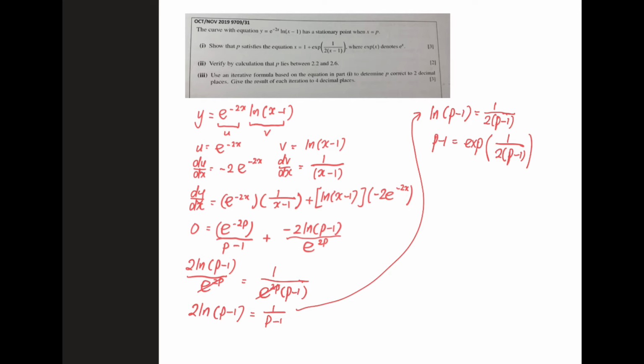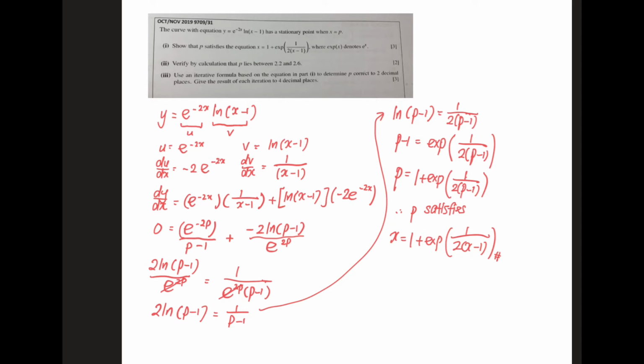Then at the end, I bring the minus 1 over. I get p equal to 1 plus exp of 1 over 2(p minus 1). Then I say that p satisfies x equal to 1 plus exp of 1 over 2(x minus 1). Okay, so I managed to get the first part.